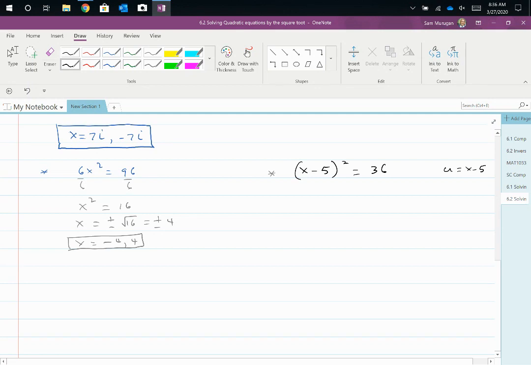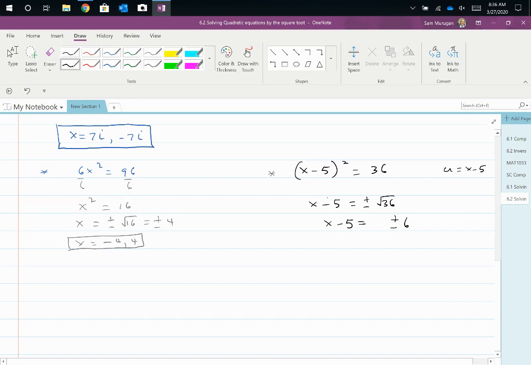So the square root property continues to work. x minus 5 is equal to plus or minus the square root of 36. Then we can see that this is x minus 5 equals plus or minus 6.